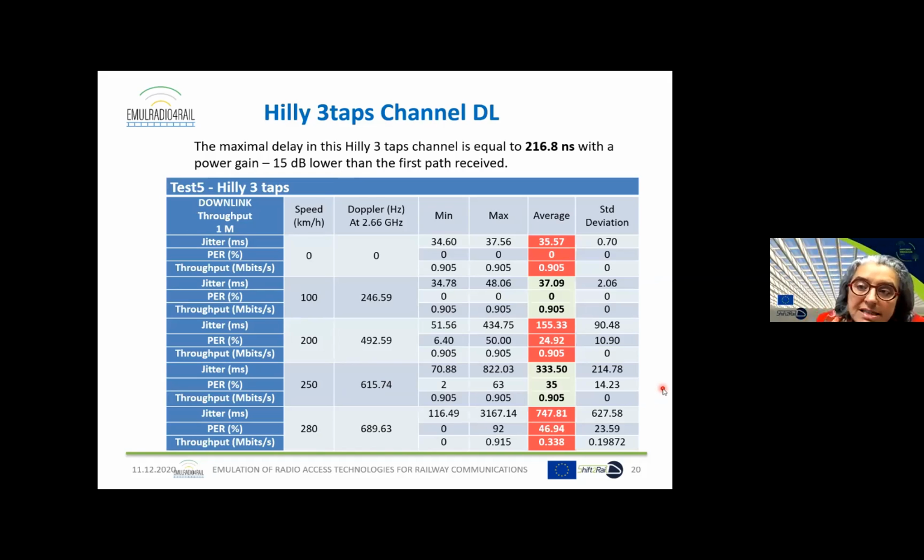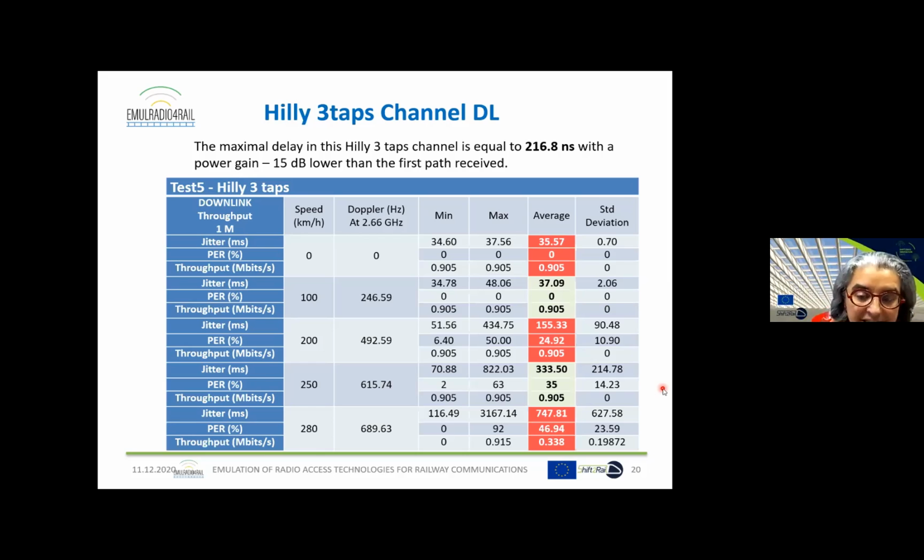So we have considered the same channel, the ELI 3 taps. In this channel, we can consider that the maximum delay is not so high, 216 nanoseconds, and you can see, in fact, the influence clearly on the jitter, which increases.